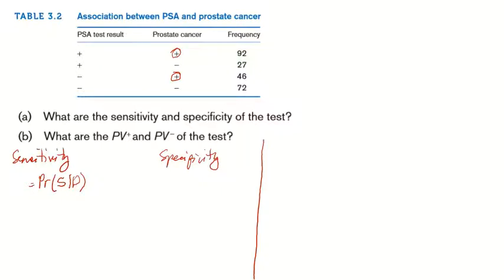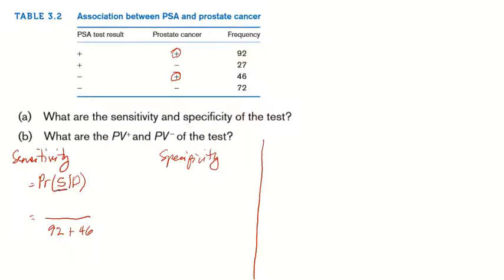So for sensitivity, probability of having the symptom and then having the disease, this will be equal to, first, the total number of people with the disease, and that's 92 plus 46.